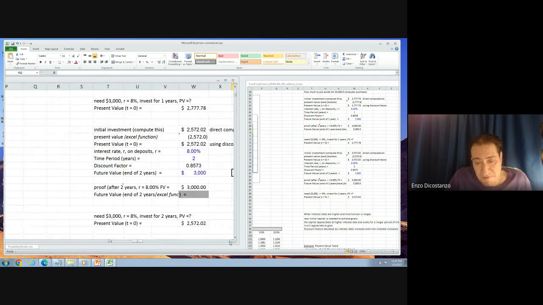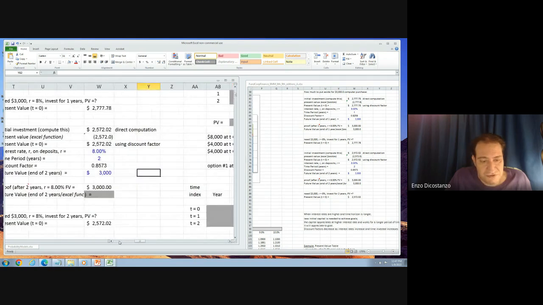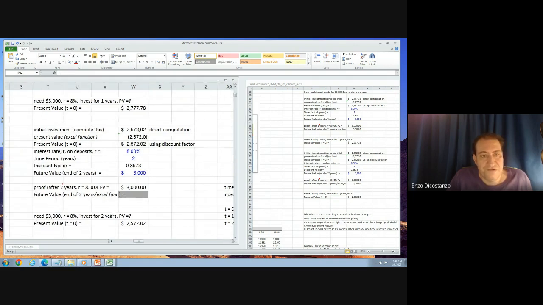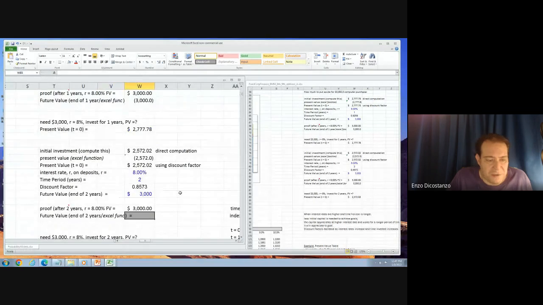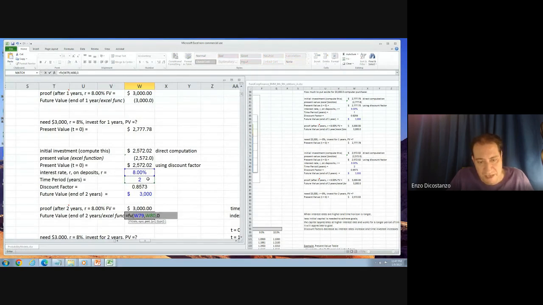And this is just the Excel function equals future value, 8%, 2 years, no payments, and the future is that. There's your 3,000. All right, so we've done this 4 times.